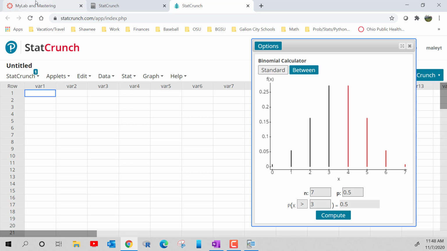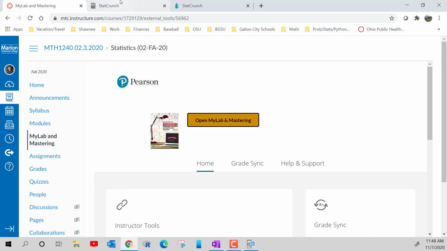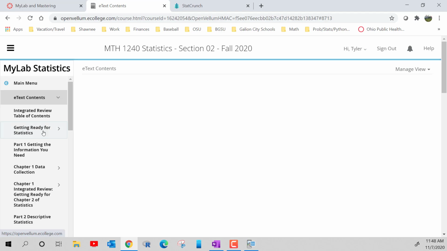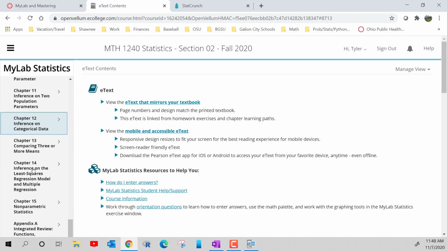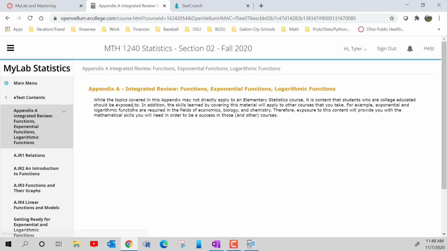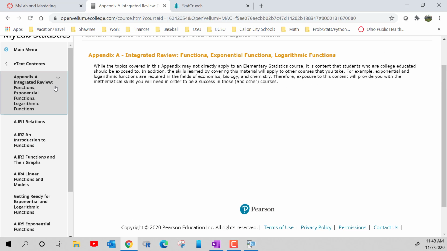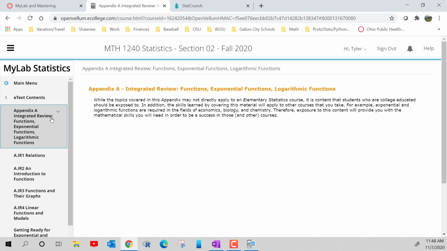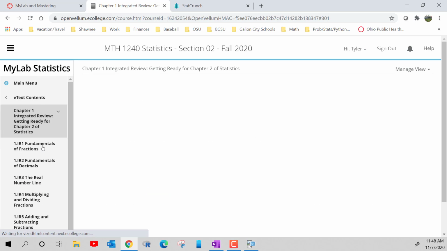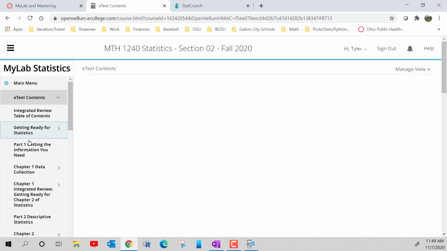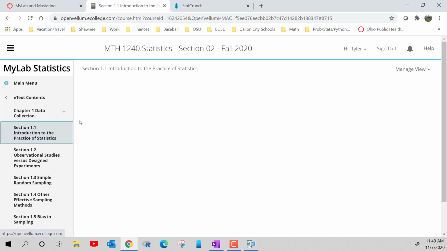So let me show you in the textbook if you'd like, just to verify that. All right, let me just open up a section in the book.